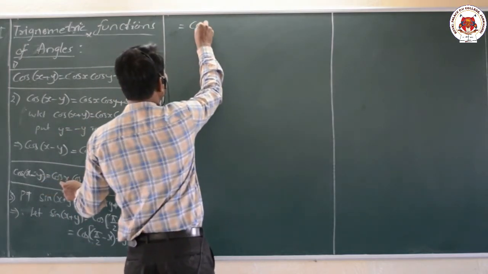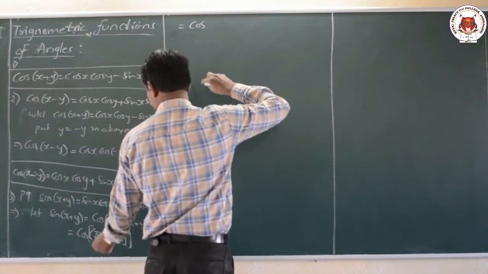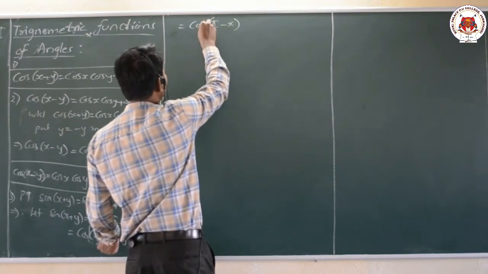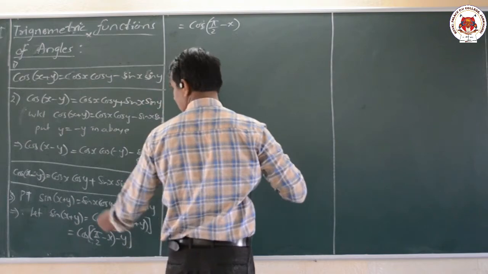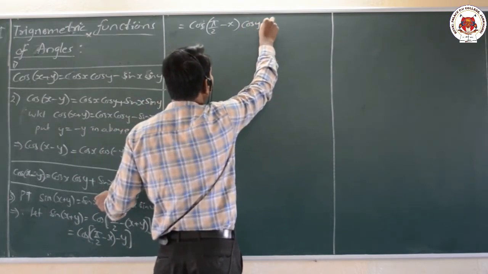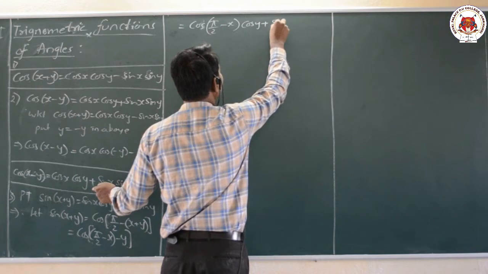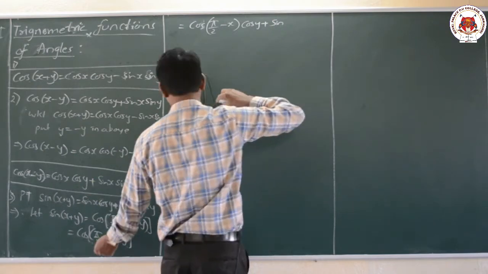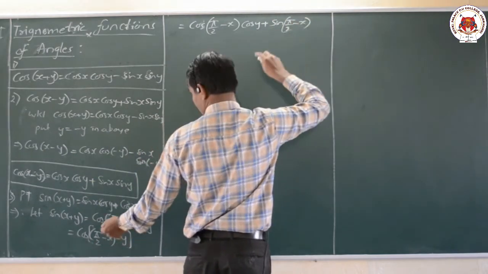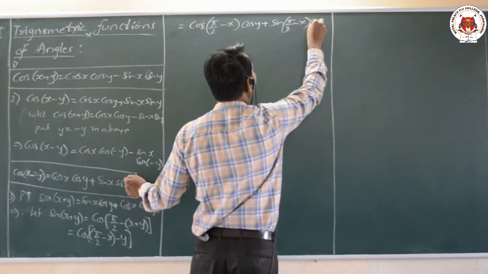Which is equal to cos of x minus y, where x is pi by 2 minus x, so cos of pi by 2 minus x times cos y, plus sin of pi by 2 minus x into sin y.